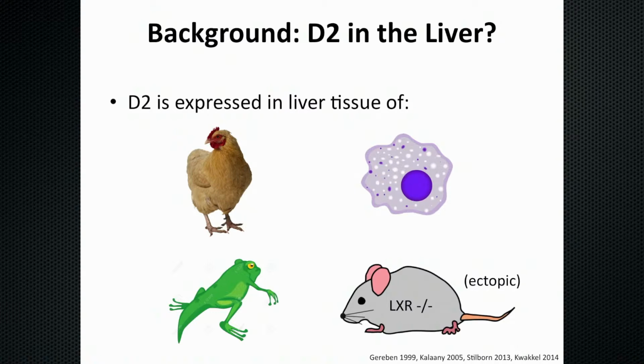There's D2 in the liver of chickens and amphibians during early stages of metamorphosis. There's D2 in the macrophages that live within the liver of mice. And there's ectopic D2 found in mice with knockout of the liver X receptor. But D2 is not known to be expressed normally in the adult mammalian liver.